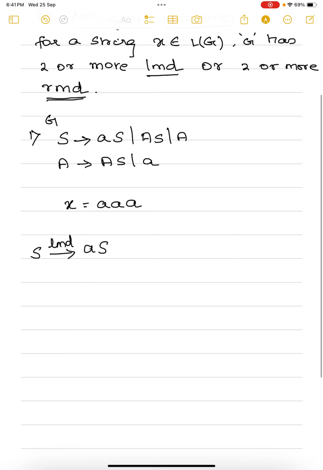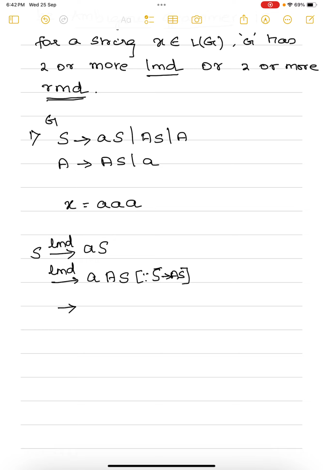So let me try to derive this X using leftmost derivation. I'll start with S, and since you have only one non-terminal, no problem. For this S, I'm deriving AS, since S goes to AS is a production in G. Now you have two non-terminals. Since you are deriving using the leftmost non-terminal, we'll replace this A using the production A goes to a, so we replace A with small a.